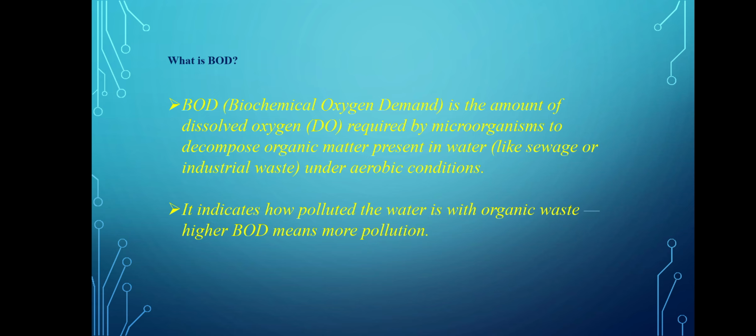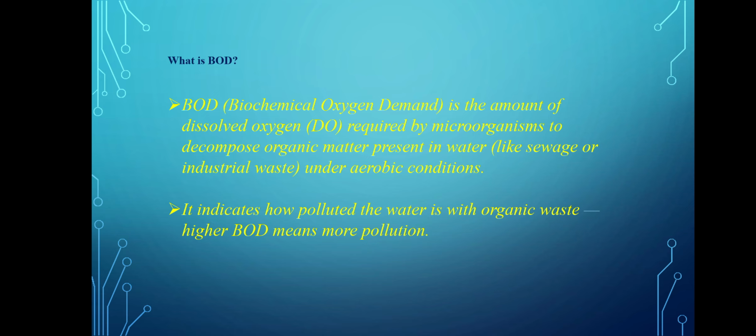In the previous class I have already discussed BOD, its properties, how it is defined and how it is calculated. Now I will give you a glimpse of it so that you can remember. What is BOD? BOD is the amount of dissolved oxygen required by microorganisms to decompose organic matter already present in the sewage water.